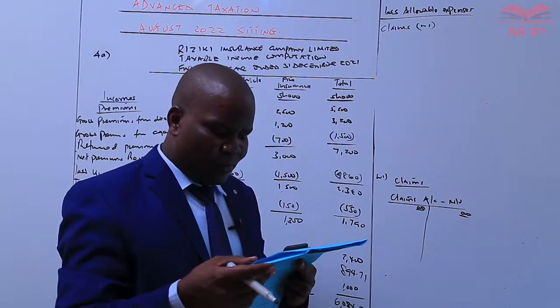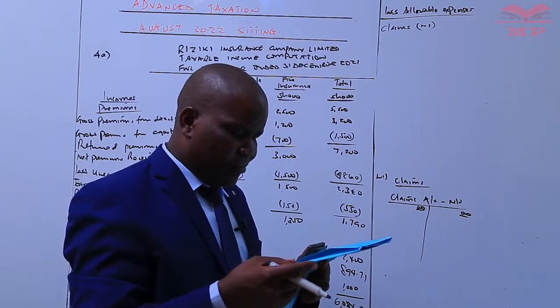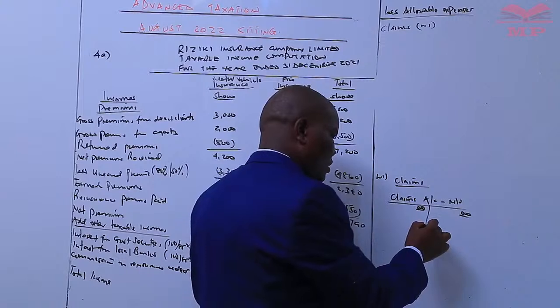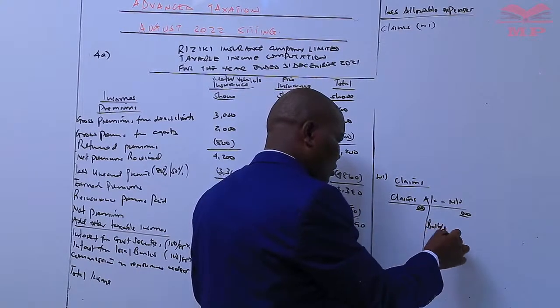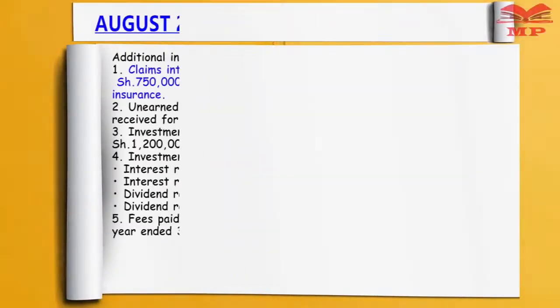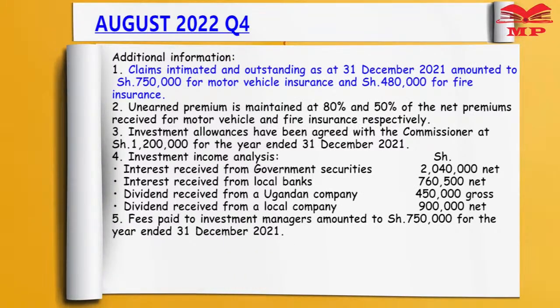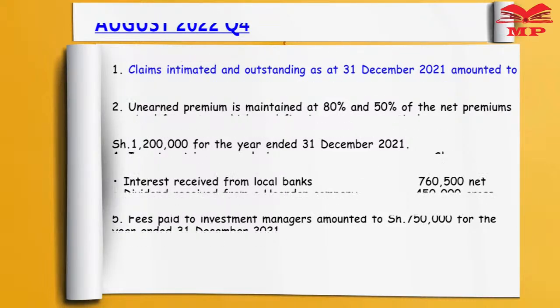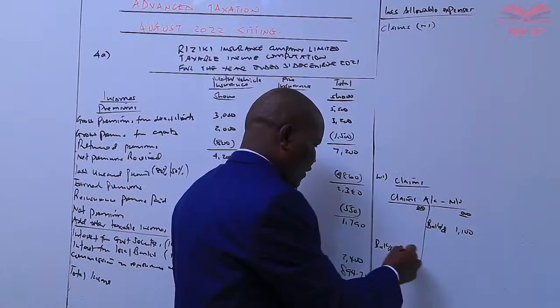That is accrued claims brought down. So motor vehicle, we have 1.1 million. So we write here, balance brought down 1.1 million. Then you have balance carried down, information 1. Claims outstanding as of 31st December 2021 amounted to 750,000 for motor vehicles. So we write here 750.